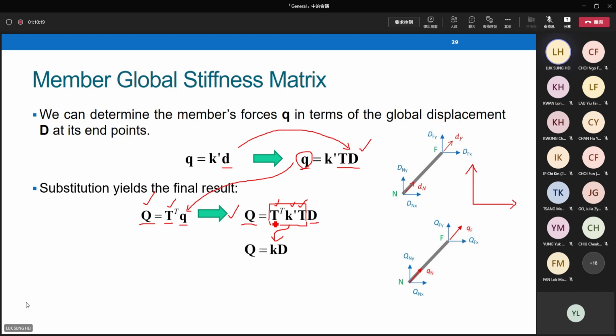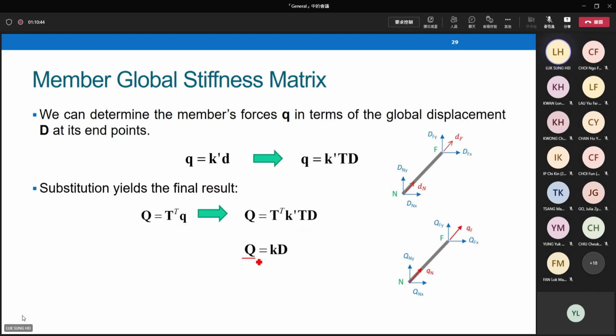So by conducting matrix multiplication two times, it becomes one single matrix. This may take us some time because the matrix is quite large. But if we can combine them successfully, then this becomes our new stiffness matrix K without the prime on the top right-hand corner. And now this becomes a very useful equation.